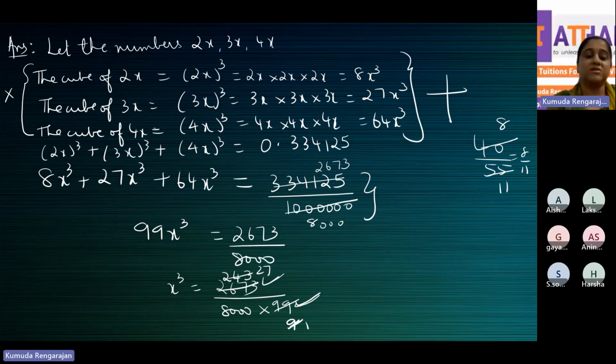So try to simplify. After simplifying, bring that 99 for division. Don't do everything at the same time.